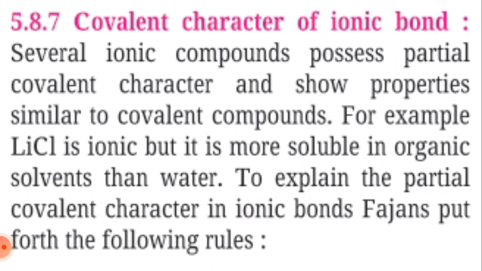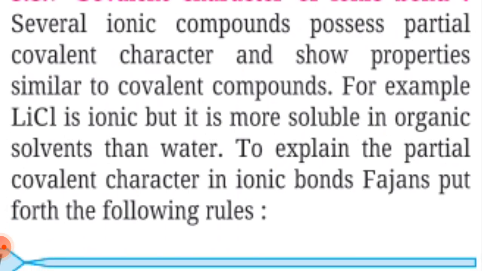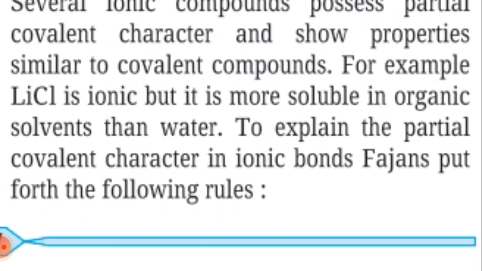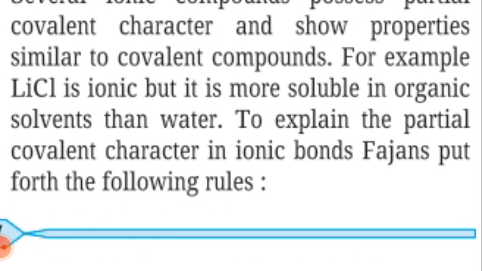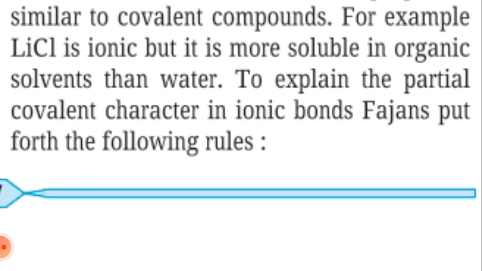Covalent character of ionic bond. Several ionic compounds possess partial covalent character and show properties similar to covalent compounds. For example, lithium fluoride is ionic but it is more soluble in organic solvent than water. To explain the partial covalent character in ionic bonds, Fajan put forth the following rules.